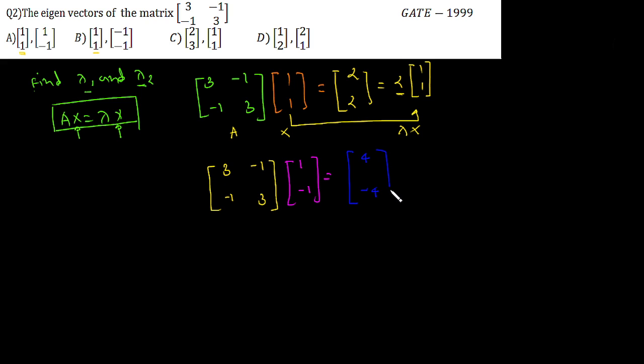Now you can see, to make this vector in the form lambda times x, here x is this vector, which is simply 1 minus 1. So let's write here x equal to 1 minus 1, and now we take out this 4, and then we get here 1 minus 1.